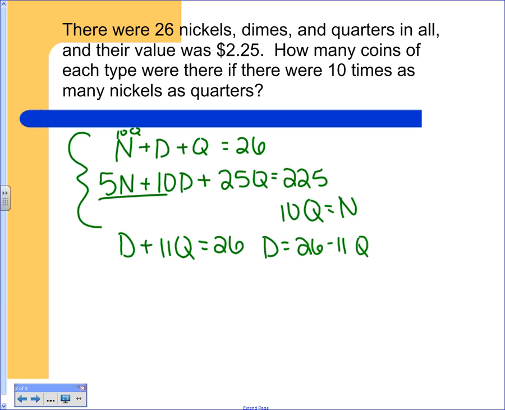So I've got this equation right now. Right now it's in terms of N, Q, and D, right? How could I put it in only one variable? I can put in N here, and I can plug in D. Will it only be in one variable? What variable will it be in terms of? In terms of Q. Okay.